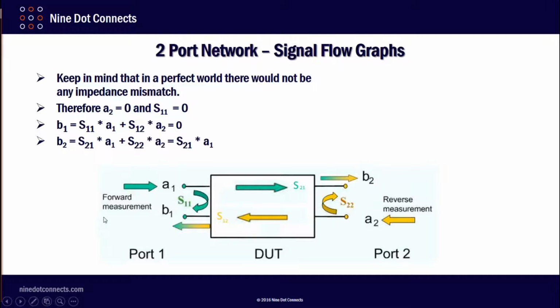In other words, the source never sees a reflection at all. Also, B2, which is going to my load, is only going to see the ability of my transmission line to pass the A1 wave. That's what we're shooting for in every transmission line design.